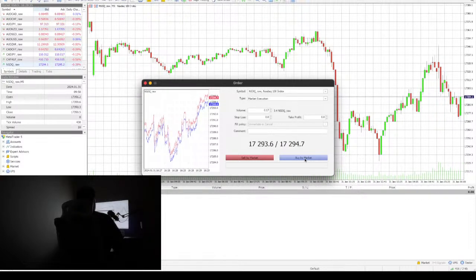So now I am opening this trade. It's going to close in just 2-3 seconds, I guess, because it is not showing time here. Okay, let's wait for the closure only.